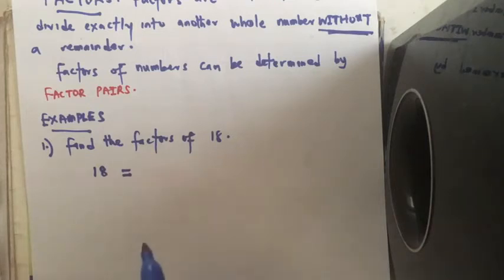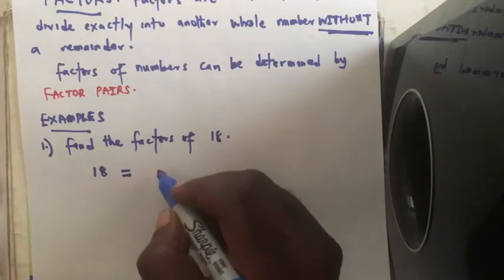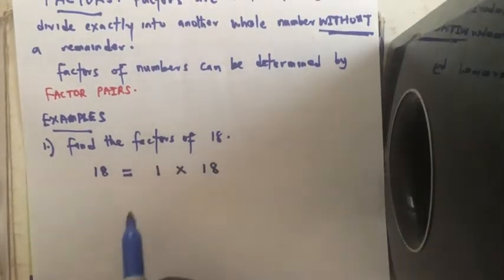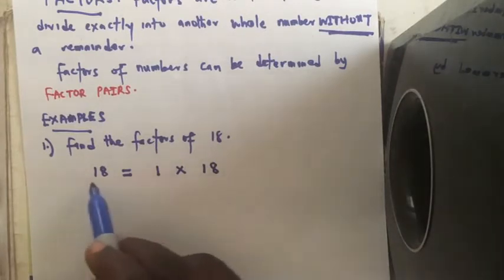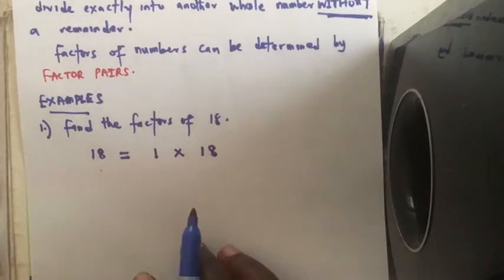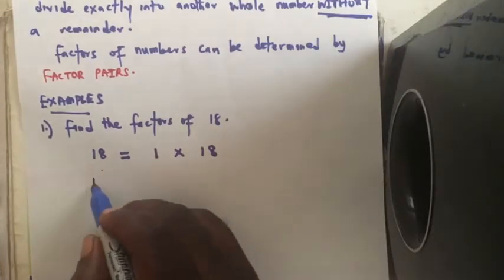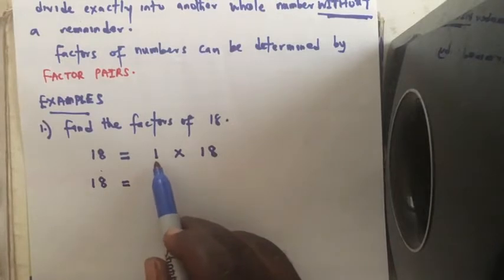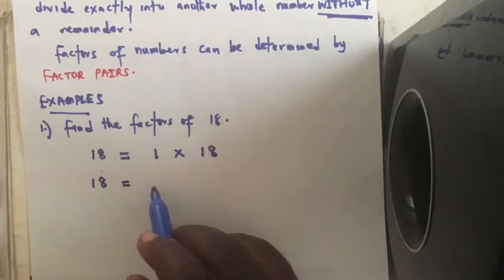So for the first pair of numbers, we can start with 1. 1 times 18 will give us 18. Always think of two numbers that you multiply that will give you 18. After 1 you look at the next number, which is 2.